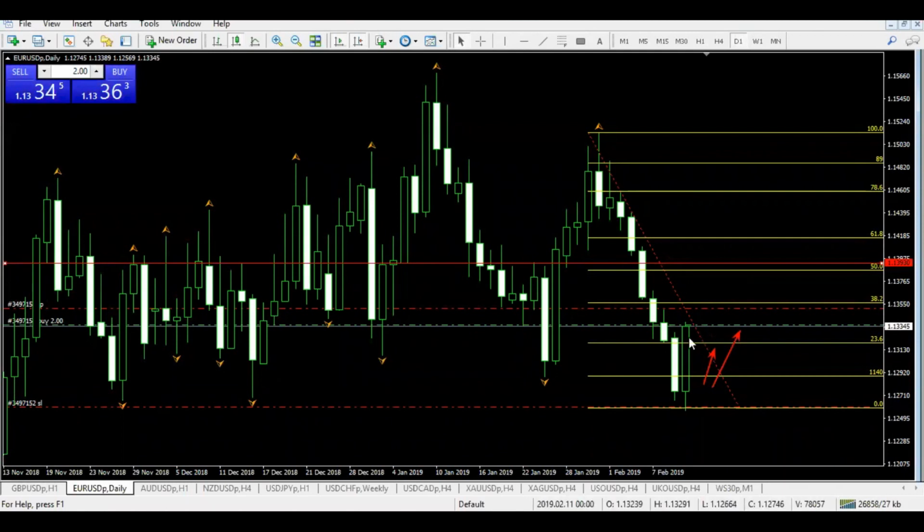Just do it according to Fibonacci. Didn't we say that when it is above 23, it's confirmed, right? When it passes 38, in 38 I have two pivots. But if you've paid attention to this candle, it is really far from this here.